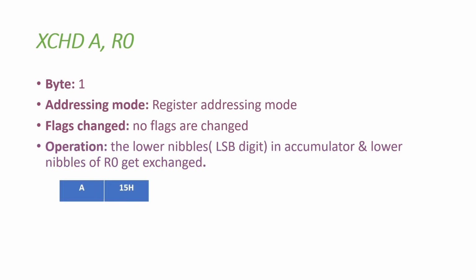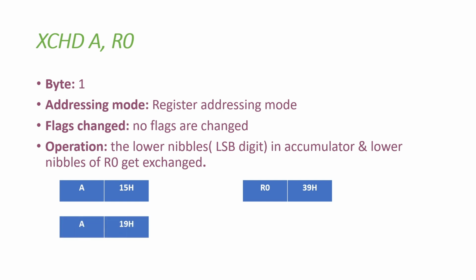See, if the content of accumulator is 15H and the content of R0 is 39H, then after the execution of this instruction, the content of accumulator becomes 19H, because the LSB digit is exchanged, and the content of R0 is 35H, because the LSB digit is exchanged.